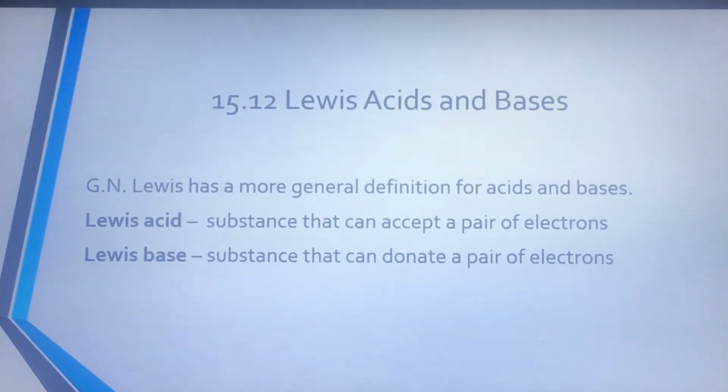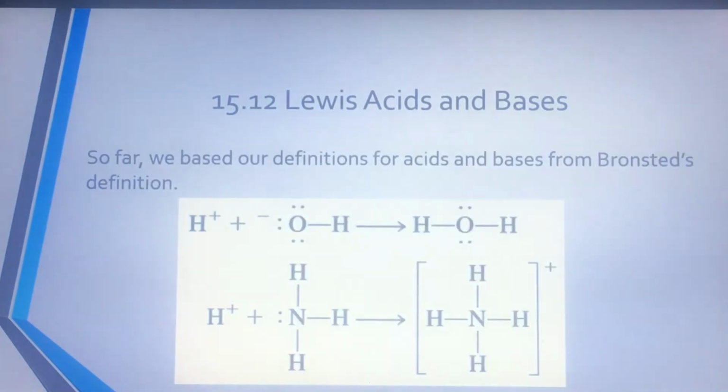He is the one who did more research about it. If the Lewis acid is the substance that accepts a pair of electrons, the Lewis base is the substance that can donate a pair of electrons.